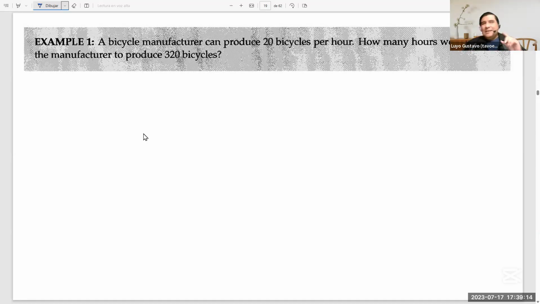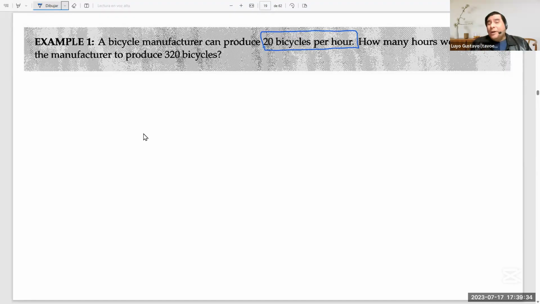Notice that we start from some information, which is one rate, bicycles per hour. This rate will be useful to do the conversion that they require in the question. And what is that conversion?